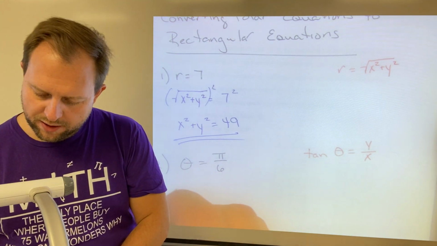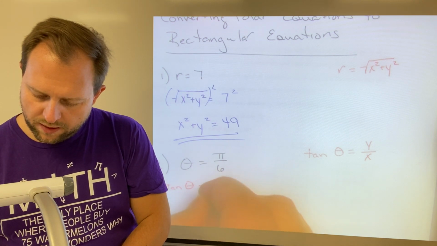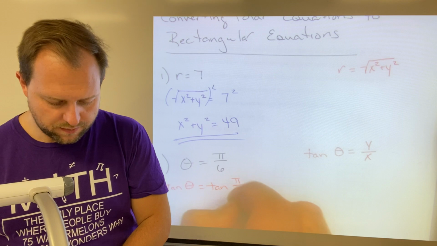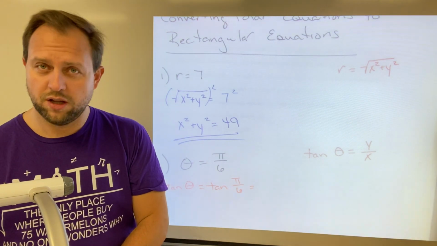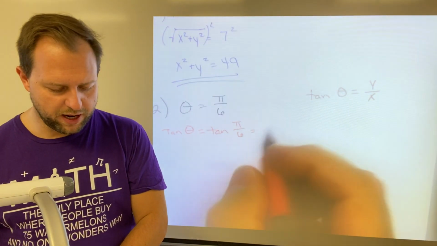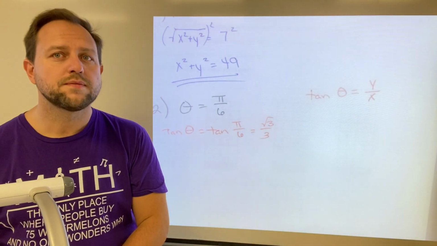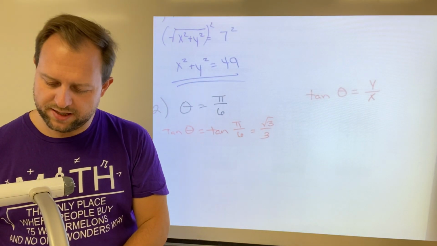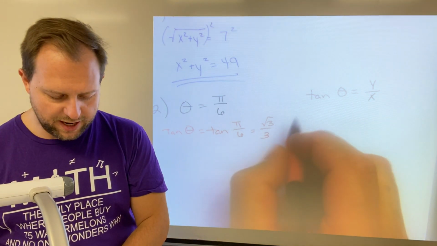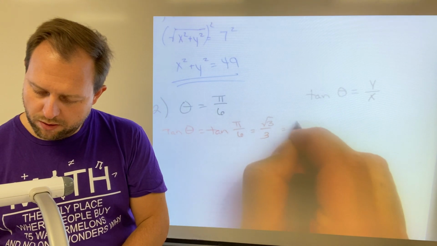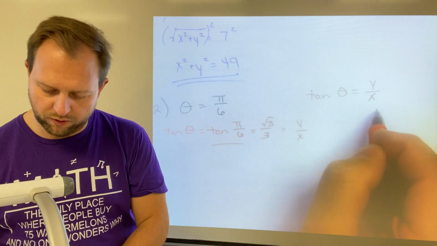So the tangent of pi over 6, if we look at our chart or our unit circle, we're going to see that the tangent of pi over 6 is equal to root 3 over 3. Okay? That's easy enough. Well, if that's equal to root 3 over 3, that's the same as being equal to y over x, because we know that the tangent of theta is equal to y over x.